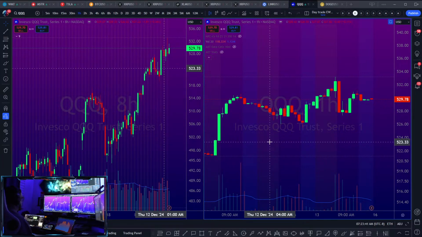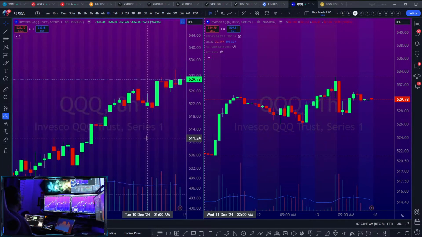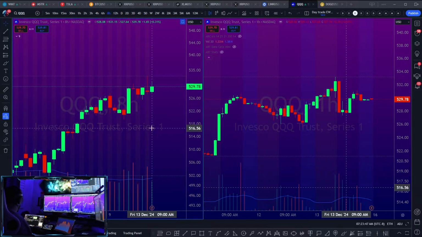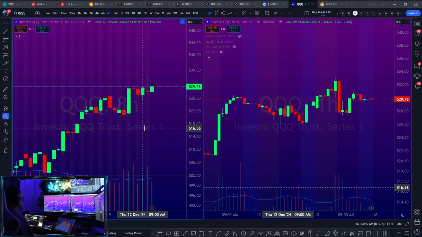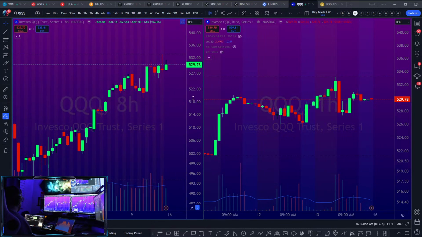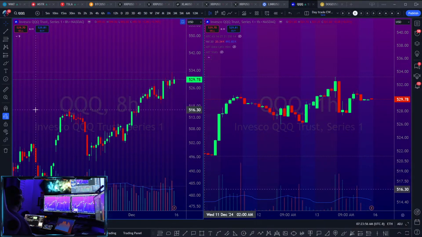The reason I would use the hourly is because I would verse it against either the 8-hour or the 4-hour candle. The 4-hour and 8-hour candles would be ideal in the sense that you can look left and see that there are certain areas that you can benefit from in a trade.